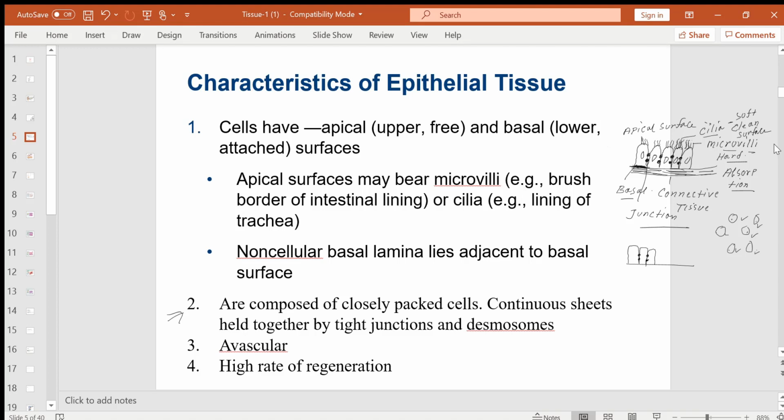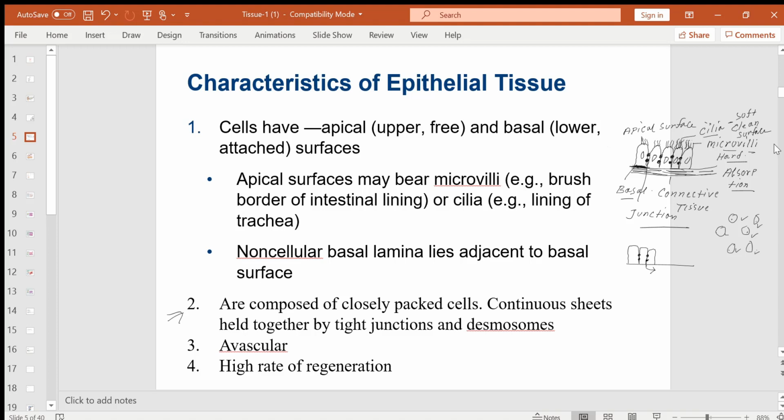They stay together. A good example is when your skin gets dry, sometimes you can peel the skin, right? A chunk of skin will come up. If you see the skin of a snake, when the snake changes its skin, the whole chunk of skin comes off as a piece. Why? Because the cells are strongly attached to each other by the junctions.